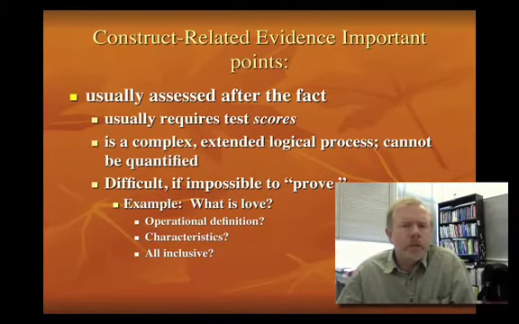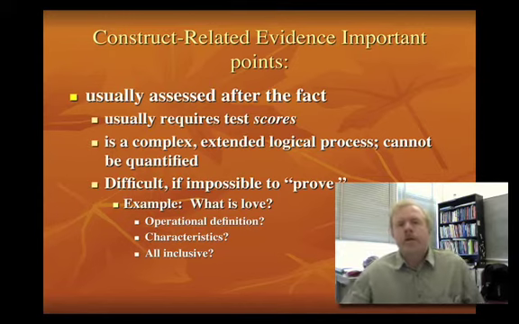So, some important points about construct-related evidence. We usually try to assess this after the fact, okay? And generally, it's something that requires test scores. So it's not typically something that teachers will do. This is generally a fairly involved process. This is a process that large-scale tests often go through to establish their validity.